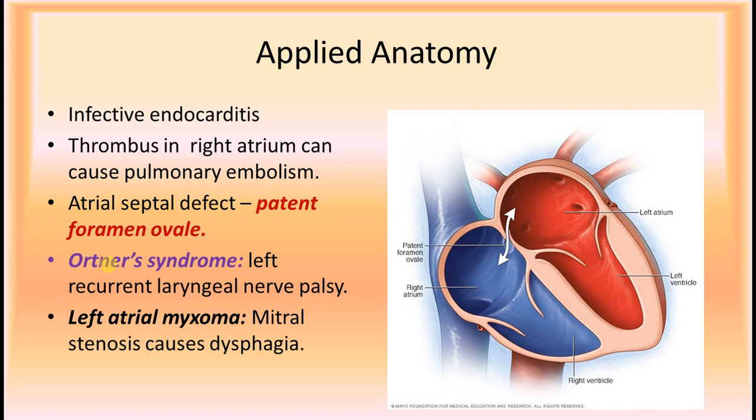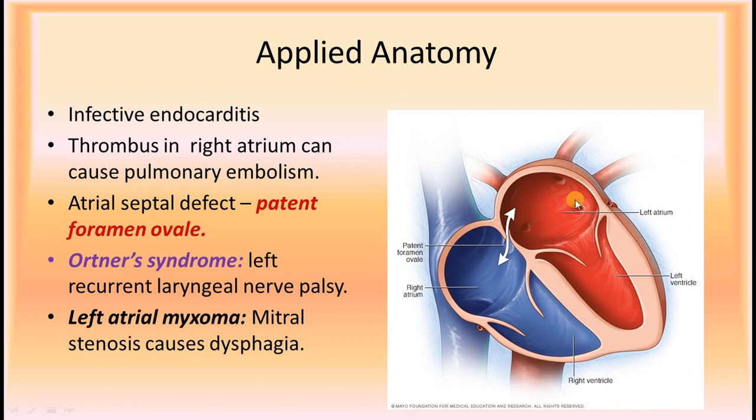Then any thrombus, especially in the right auricle where you have rough ridges, any clot might get formed there. That thrombus might move from the right atrium to the right ventricle, from the right ventricle through the pulmonary artery, and it might go and lodge into the lungs, forming pulmonary embolism.